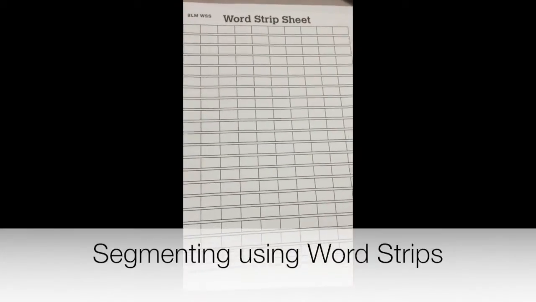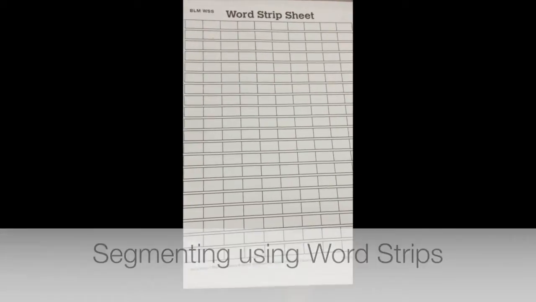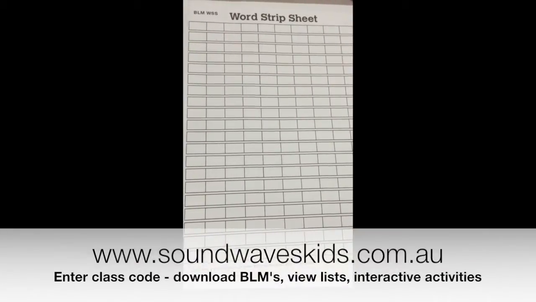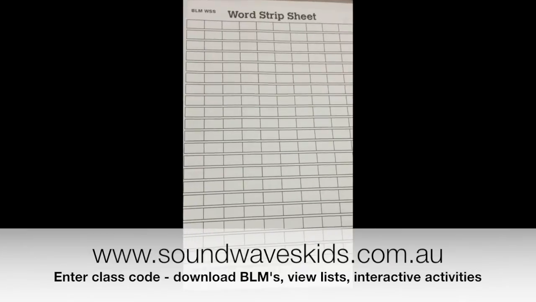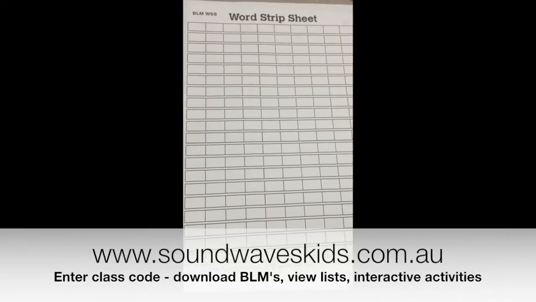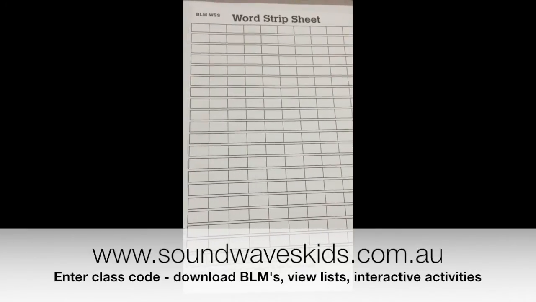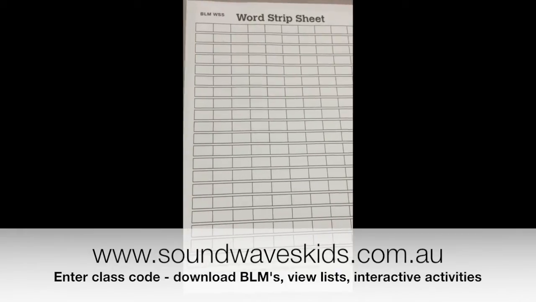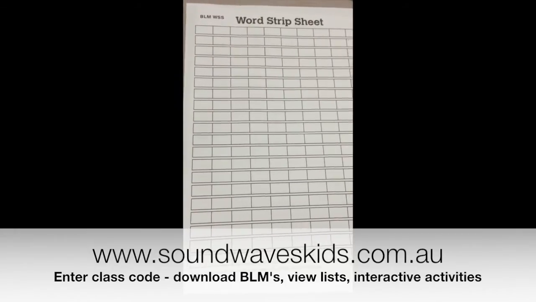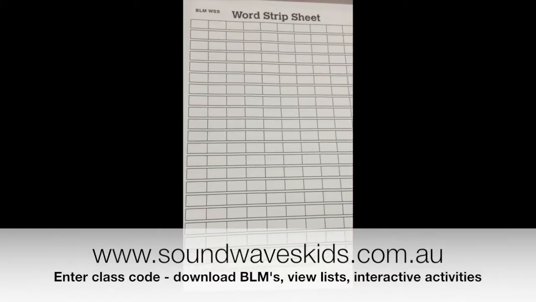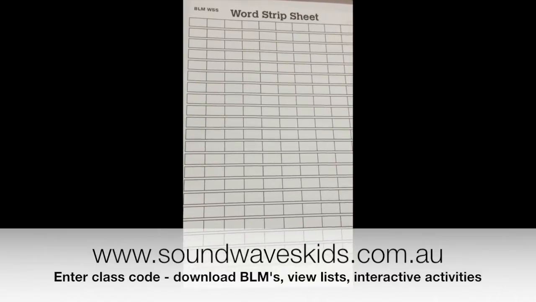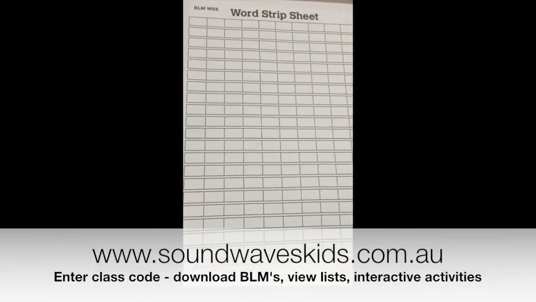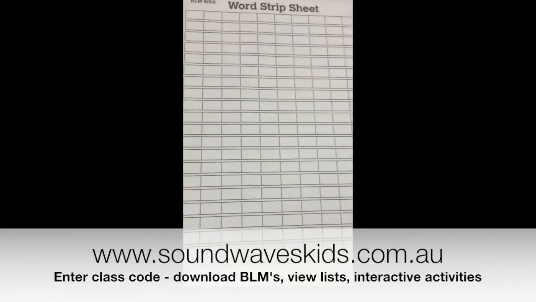Another way that you could record the segmented sounds in a word is by using a word strip sheet. These word strip sheets are available on the soundwaveskids.com.au website, and the students in each grade have their own code for logging in, so you can print these ones out for each week.